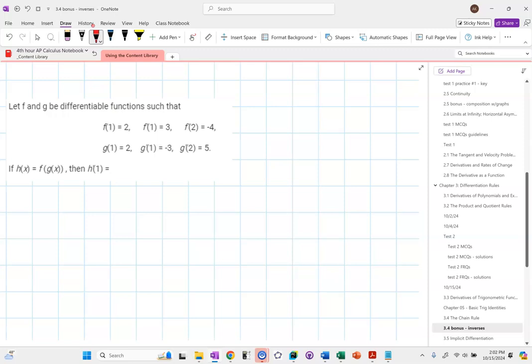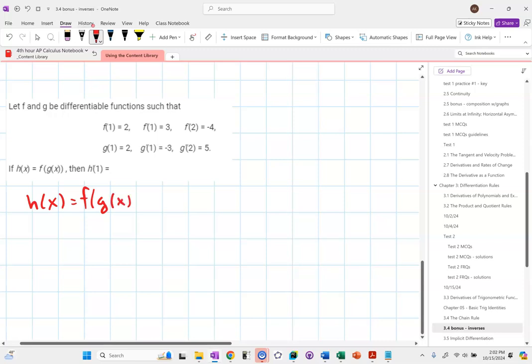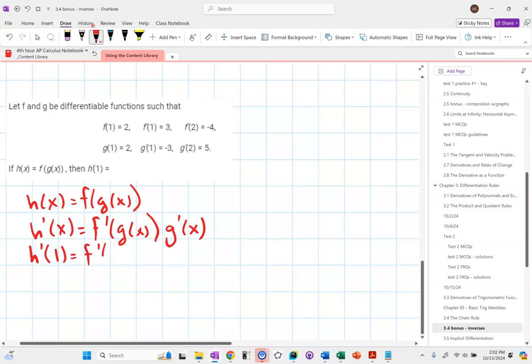So here we're told h of x is equal to f compose g. So h prime of x is going to be doing the derivative of both sides. So that's going to require the chain rule. And then if I do h prime of 1, I'm going to have f prime of g of 1 times g prime of 1.